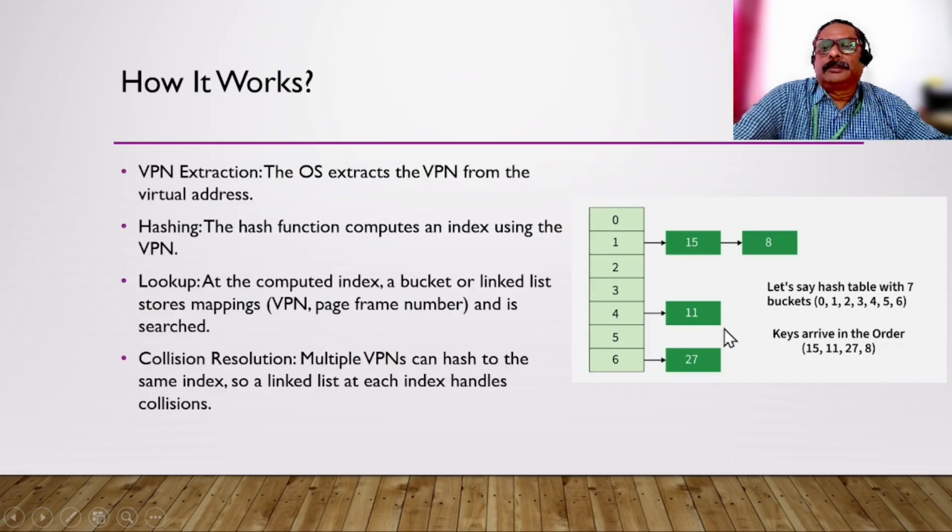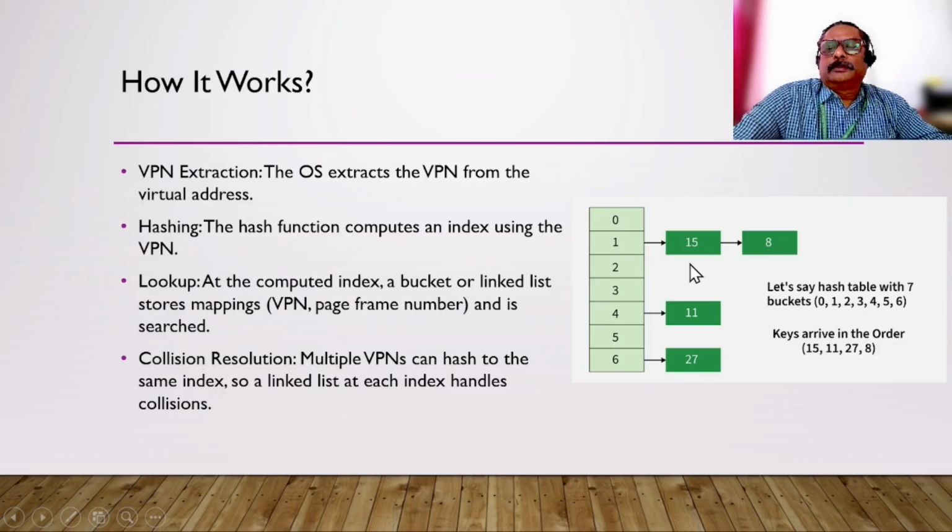Then 11: when you divide 11 by 7, the remainder is 4, so we add 11 at index 4. Then 27: 27 by 7 is 21 plus 6, so the remainder is 6. The next number is 8: 8 by 7 is 1 time with remainder 1, so it goes to bucket 1. Bucket 1 is already occupied, therefore we create a linked list and continue.